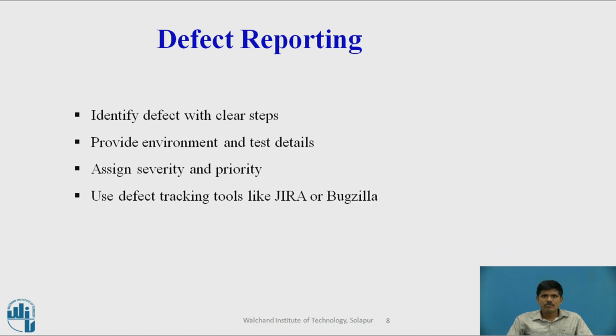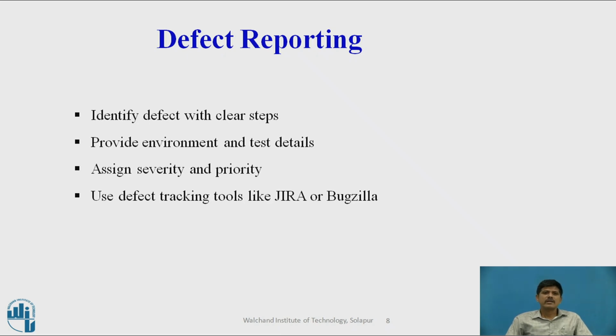Next is to provide environment and test details. As we know, we use many environments while testing the application or feature. That might be SQA, val or production, and different environments will be there, so we should be able to mention the details of the environment properly.